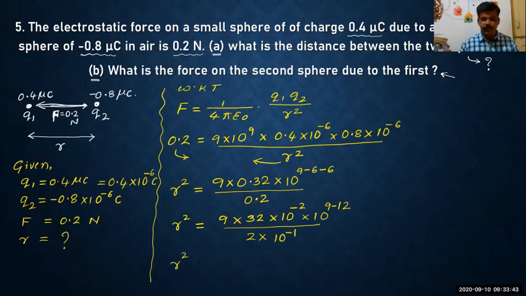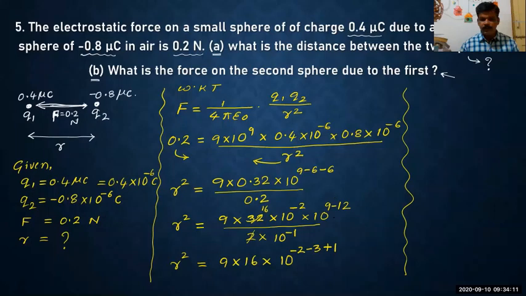Therefore, R square is equal to 9 into, 2 1s are 2, 16s are 32, so 16 will come here, into 10 raised to minus 2, 9 minus 12 is minus 3, and minus 1 goes to the numerator, it becomes plus 1, right?